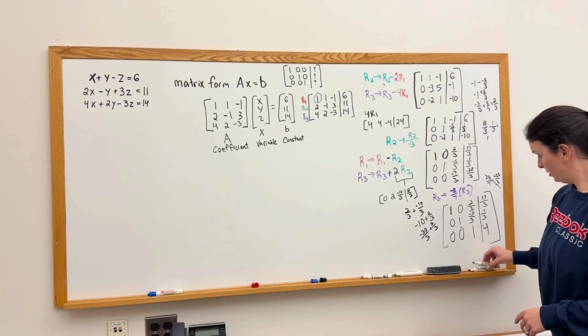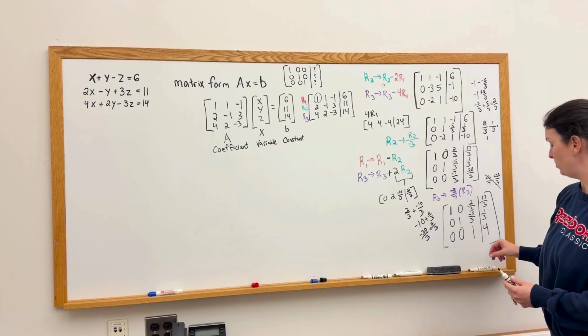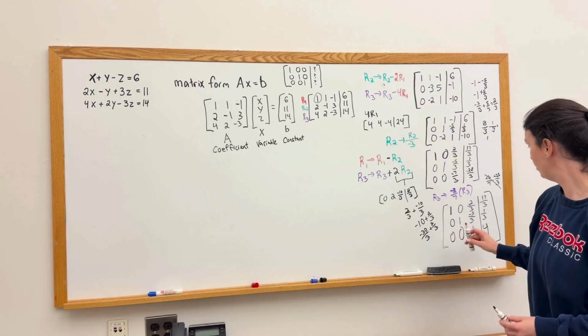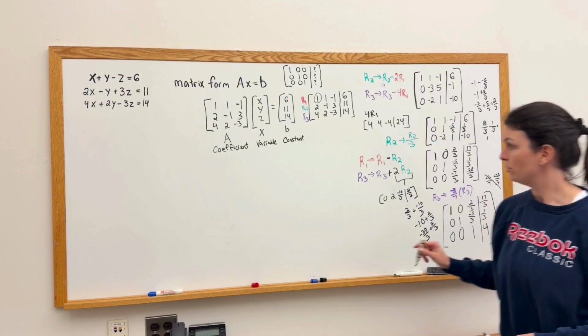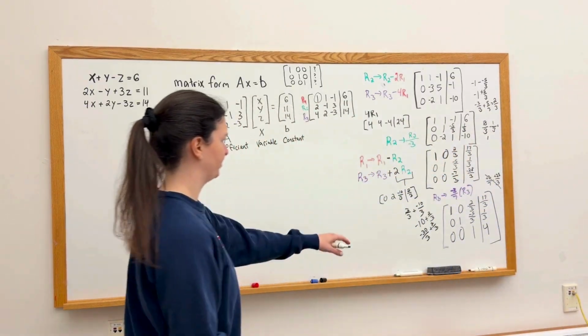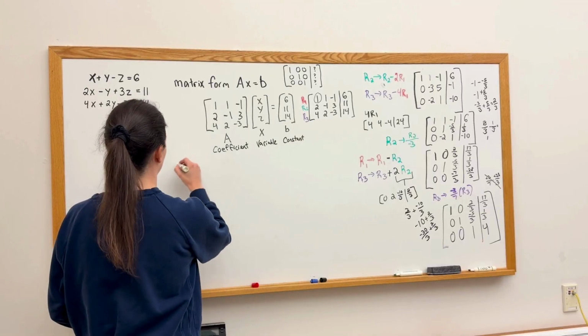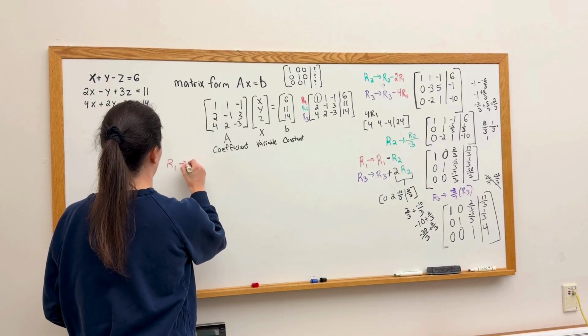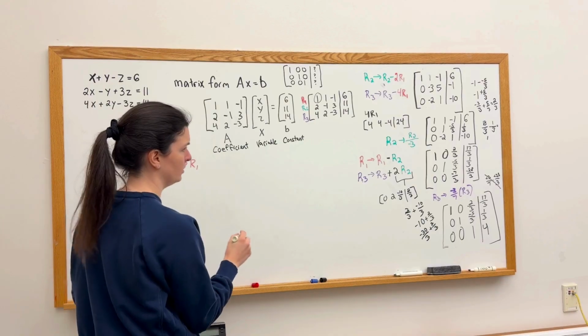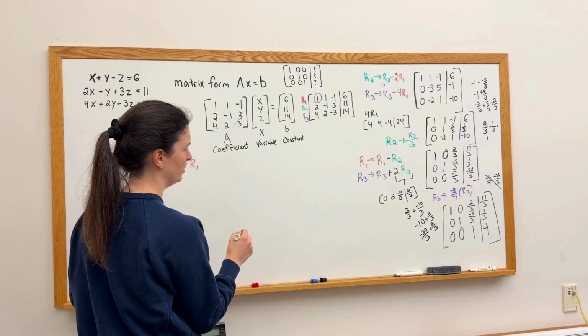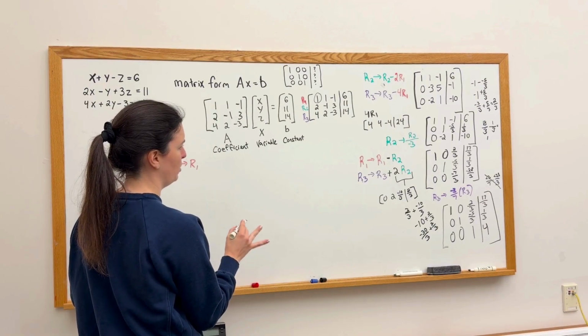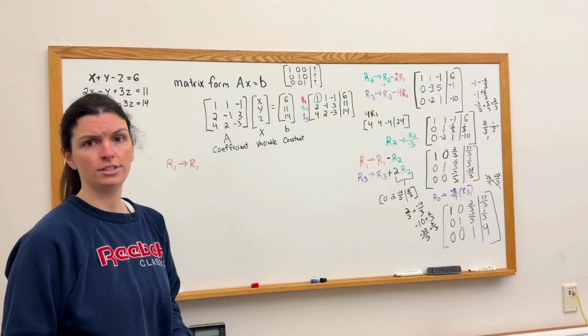So now, the last 2 steps, we can change row 1. It's going to become row 1 minus 2/3 times row 3.